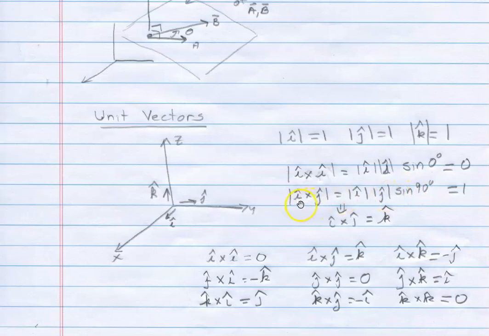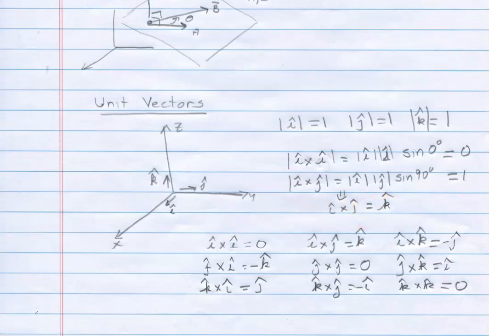And so the magnitude of the cross product between any two unit vectors, i hat, j hat, and k hat, is either going to be 0 if it's the same vector, or the magnitude will be 1 if they're different. If you use the right-hand rule, you'll find that i hat crossed into j hat gives the direction k hat, and it has magnitude 1. So i hat crossed j hat is k hat.